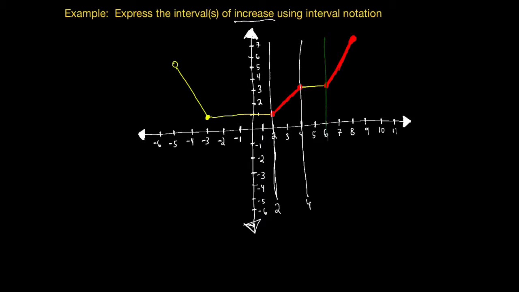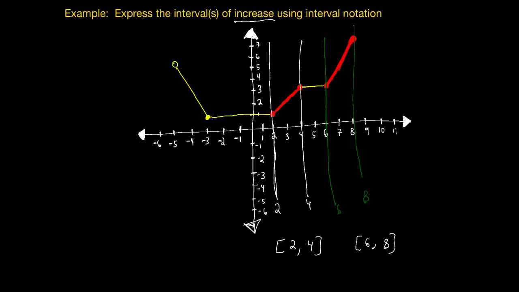Here's the second increase. We have it beginning at 6 and then ending at 8. So let's go ahead and write these in interval notation. I have the first increase beginning at 2 and then ending at 4, and then the second increase beginning at 6 and ending at 8, using brackets because of the closed circles here.